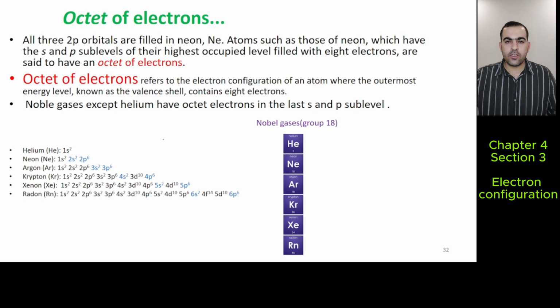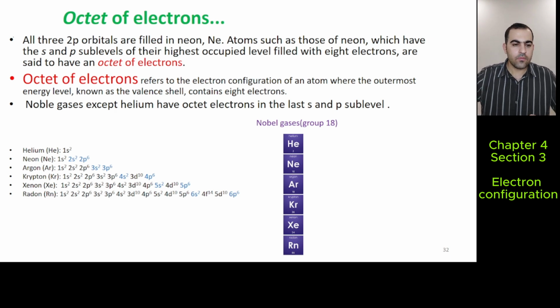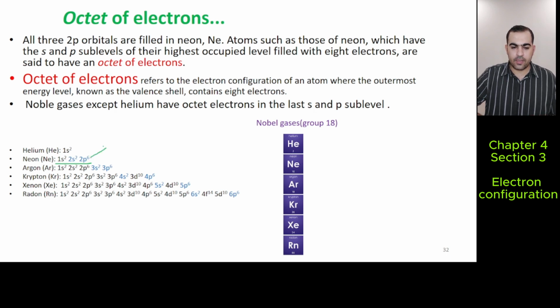Okay, octet of electrons. All 3 2p orbitals are filled in neon. Neon is 1s2, 2s2, 2p6. Why? All the p orbitals are filled.